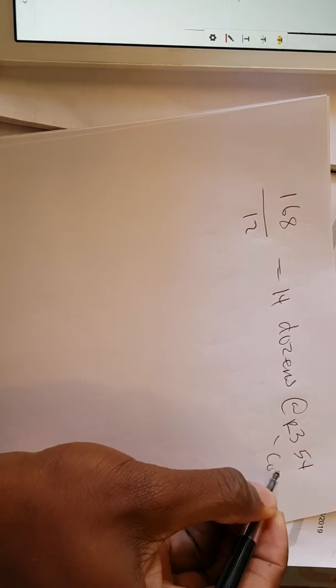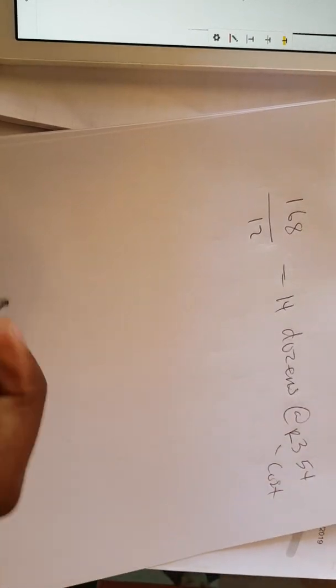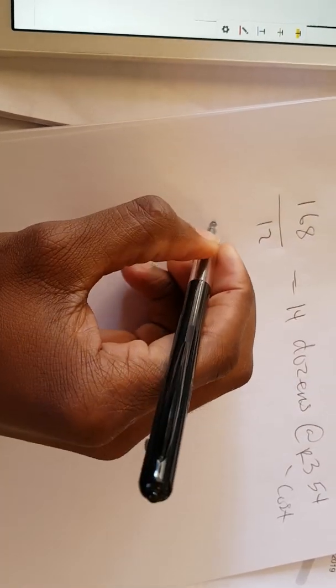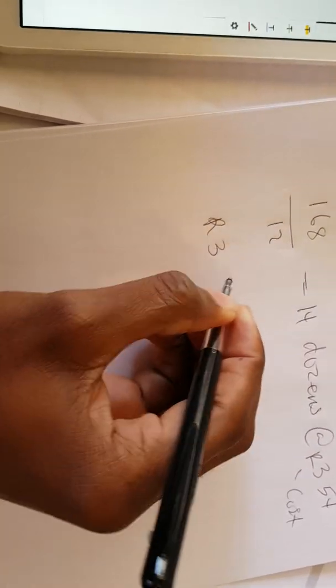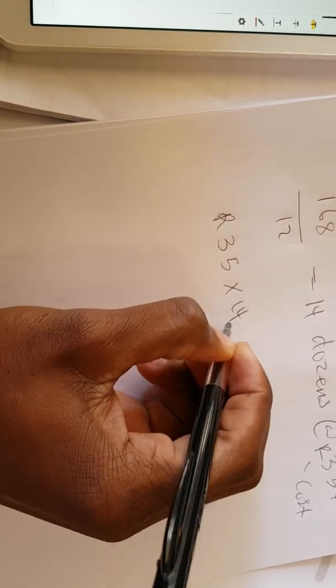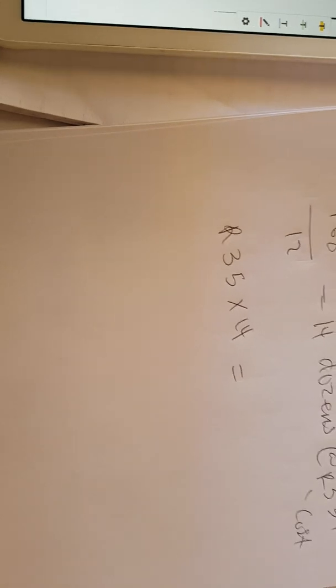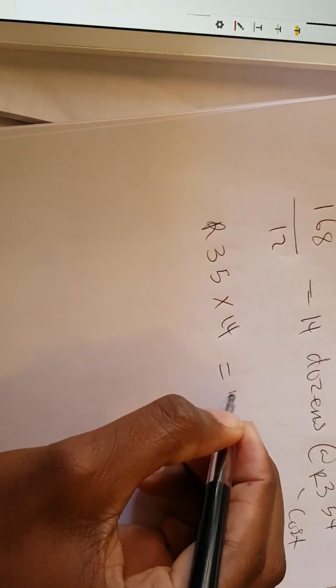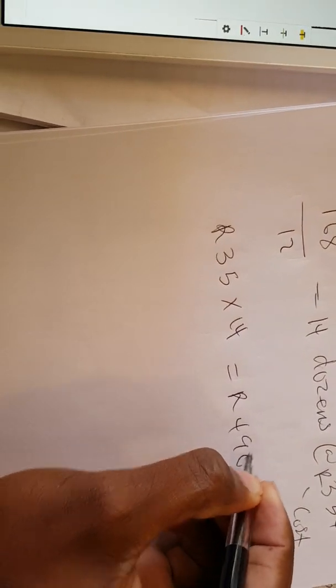This was the cost. Now how much will he make? So now we'll say 35 rand per dozen. So we'll say 35 rand times 14 dozens. How much will he make on his sales? So it seems like he will make 490.